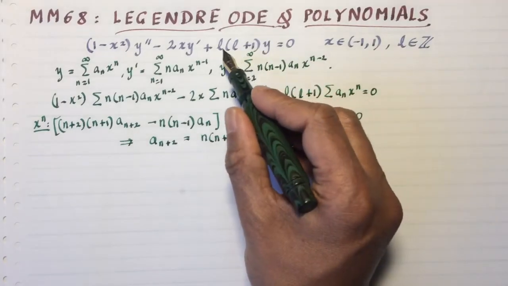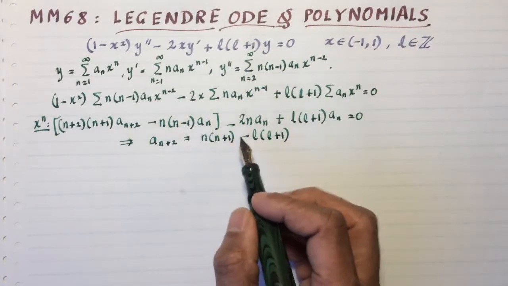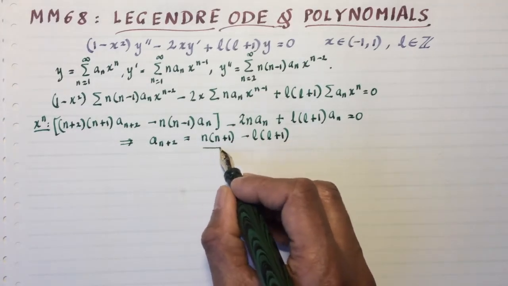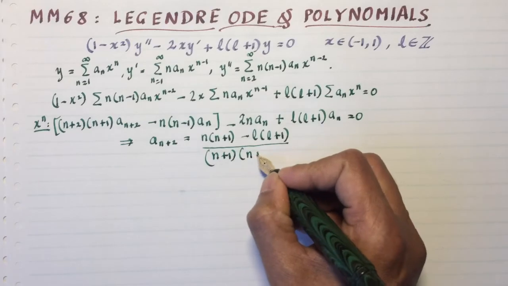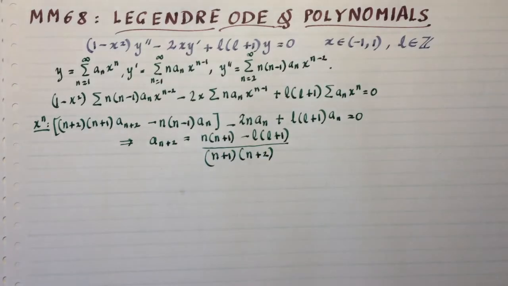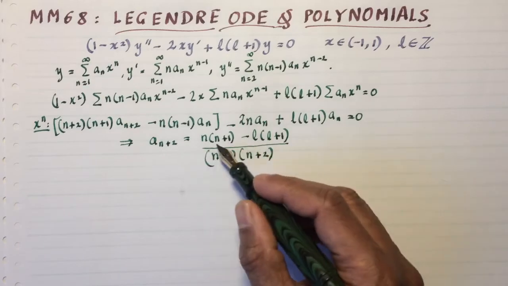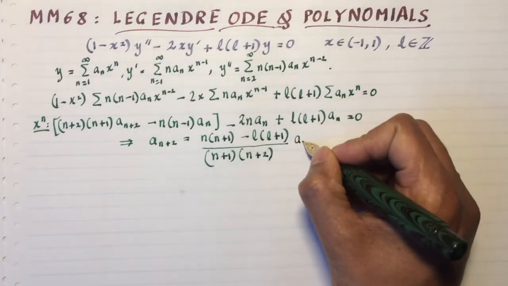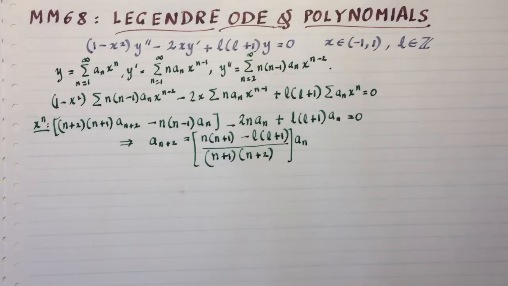That's the reason, by the way, for choosing the coefficient here to look like l times l plus 1, because you get this n times n plus 1 behavior on the numerator, divided by n plus 1 times n plus 2, times a_n. So by the way, this immediately shows us that a_(n+2) is 0 when n is equal to l, which means that there's an absolute stop to the advancement of this series. So that means the solutions are all going to be polynomials.